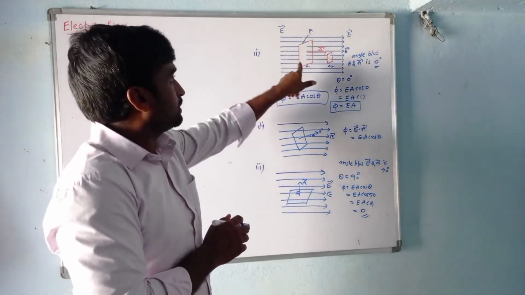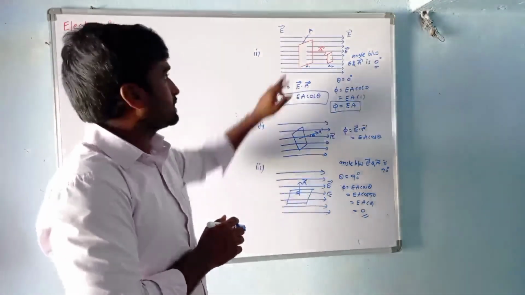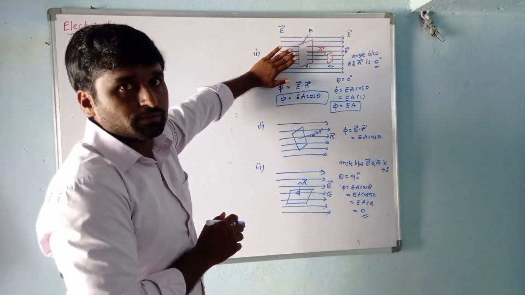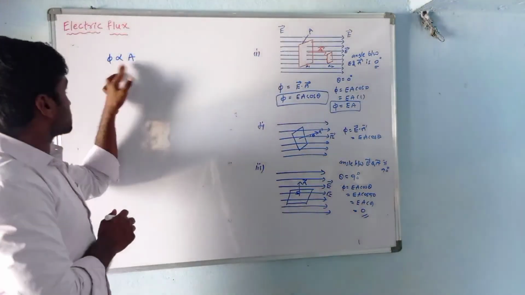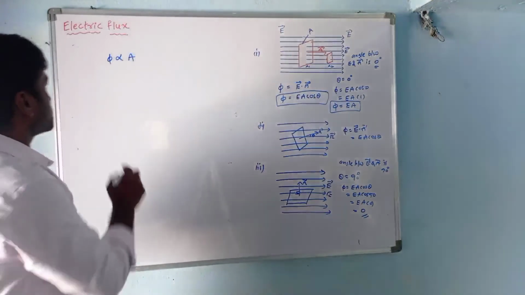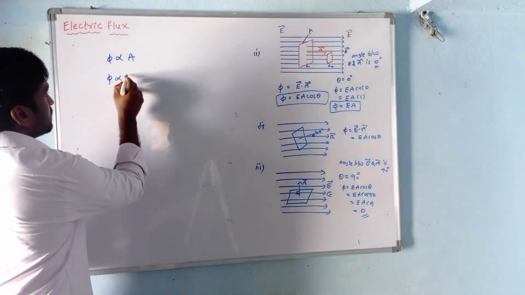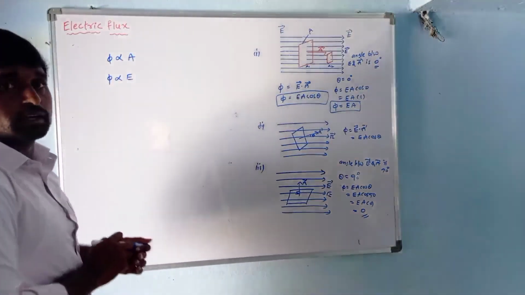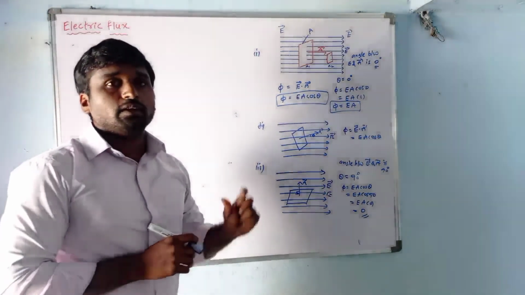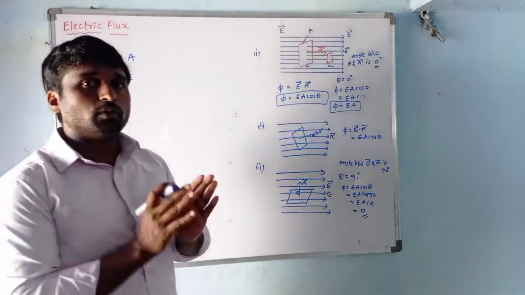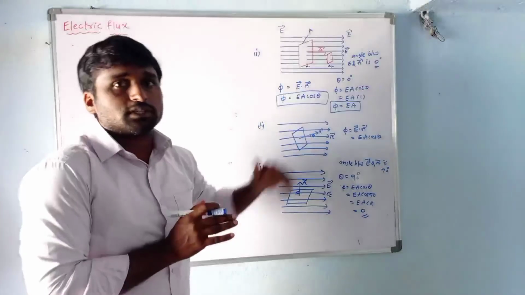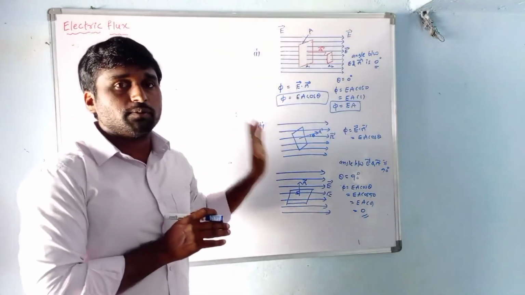In which surface will we get more flux? In the large area surface. That means flux depends upon the area of the surface. Also, flux depends upon the electric field lines.